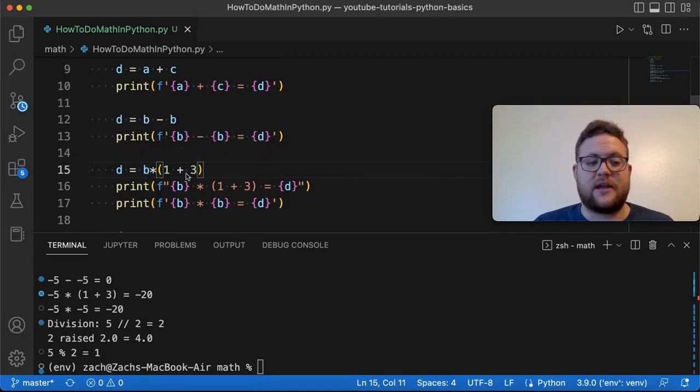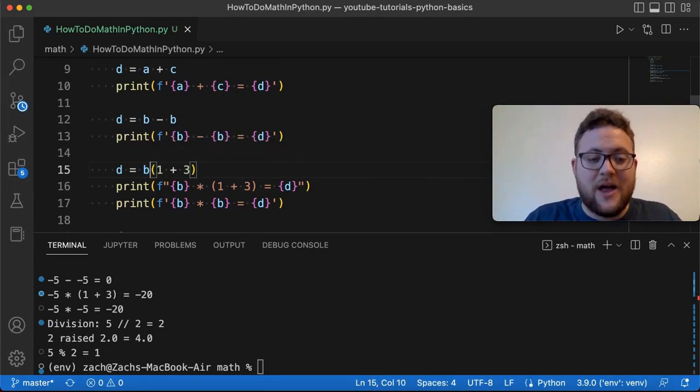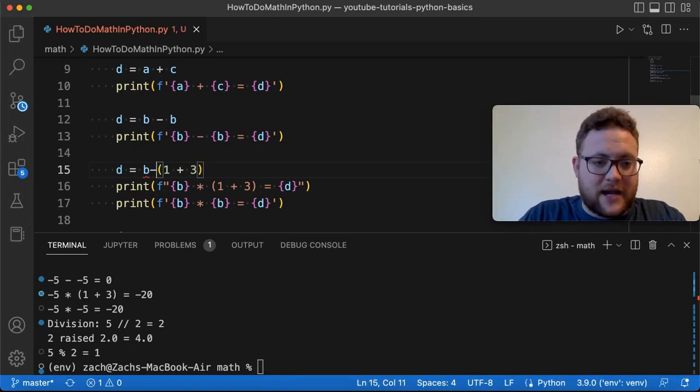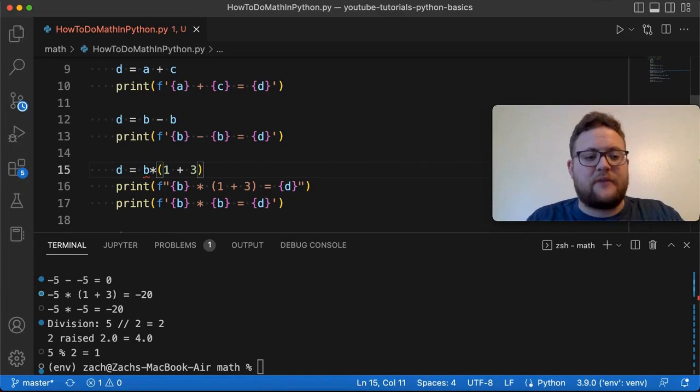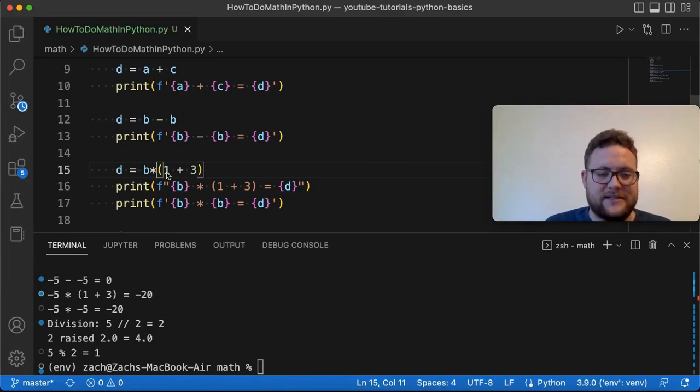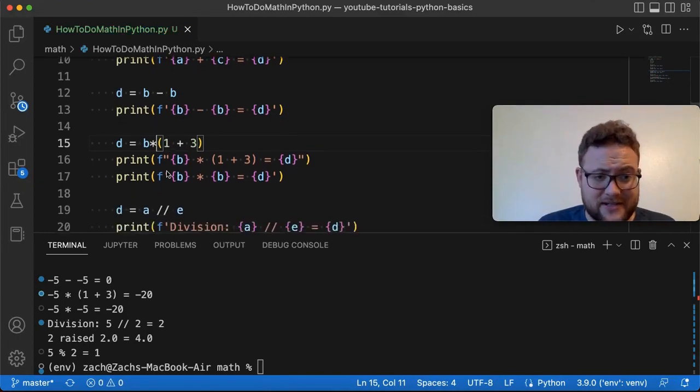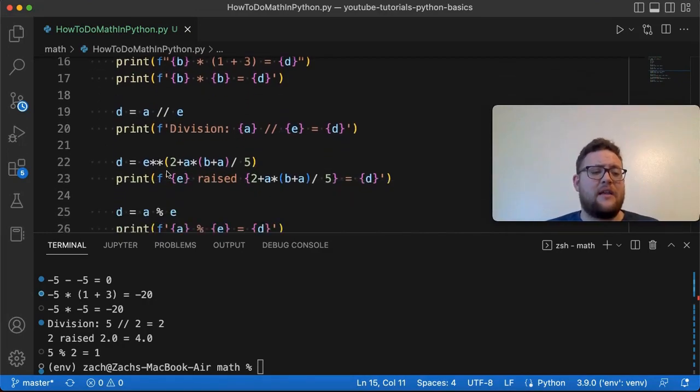That's why it's important that you always identify what you're doing. Whether it's times or plus or minus or modulus, you have to designate it when there's a value in front of the parentheses. But essentially, this is just the basics.